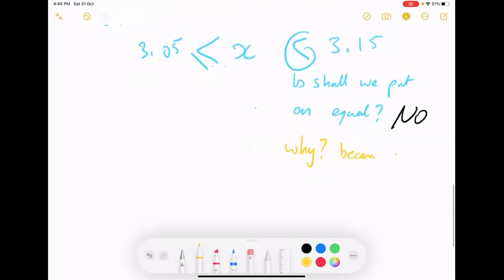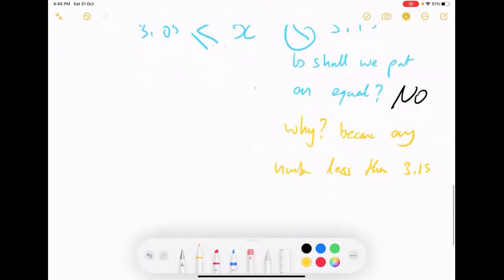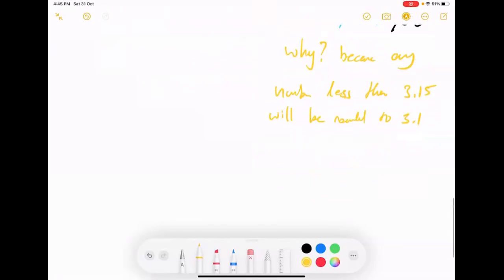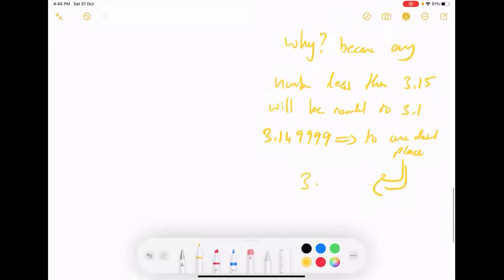Because any number less than 3.15 will be rounded to 3.1. I mean, 3.149999 to one decimal place would be 3.1.